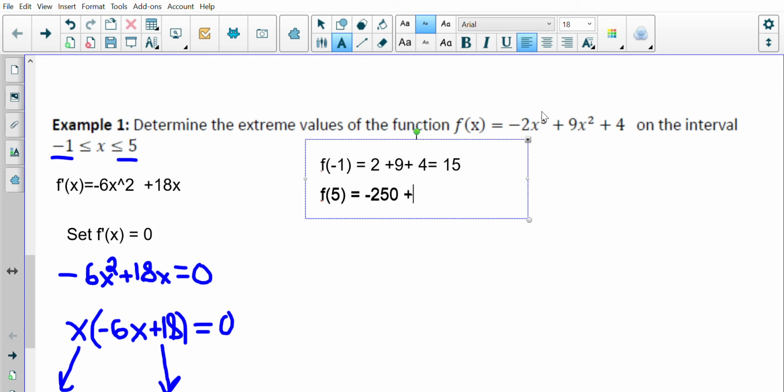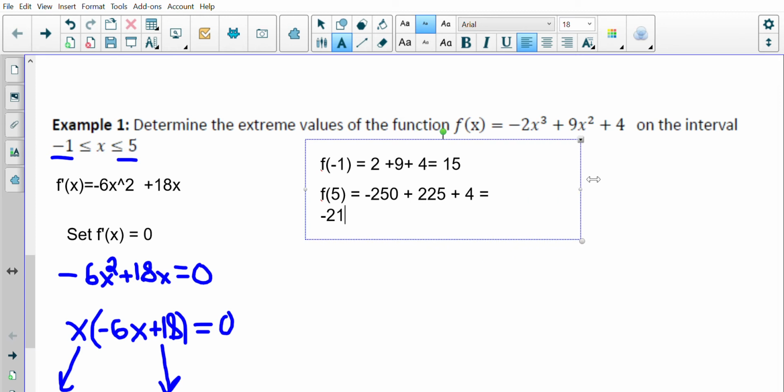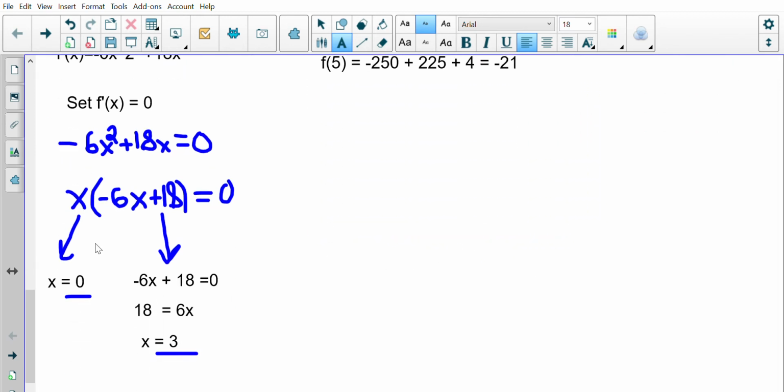Yeah, 225. I would have messed that up. All right. And then plus 4. And that is going to equal -21. All right, so there's my two endpoints.